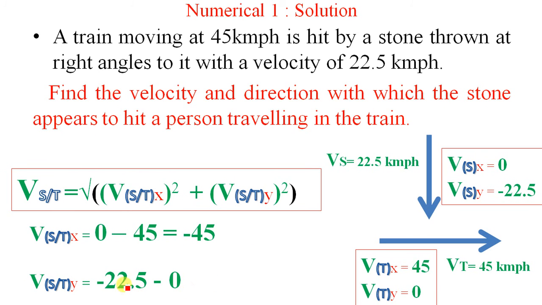The velocity of the stone in y direction is minus 22.5 and the velocity of the train in y direction is 0. So that will give you the answer minus 22.5. Substitute these answers in the equation and you will get the velocity of the stone with respect to the train.